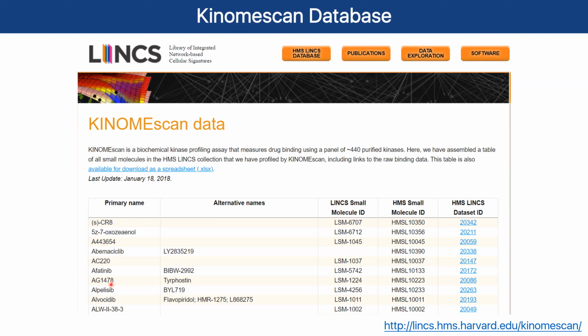And if your compound of interest is in the database, you can quickly know how many kinases this compound can hit and potential off target. For chemical probes, we would prefer to have the more specific, the better, right? And then that will simplify the biological interpretation.